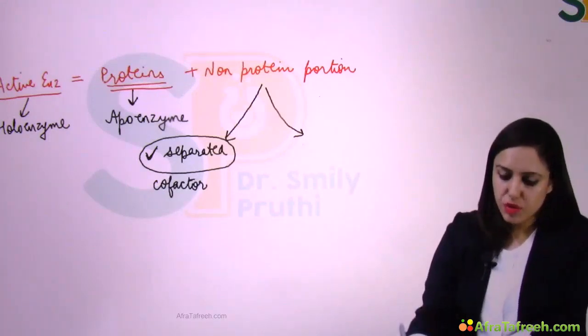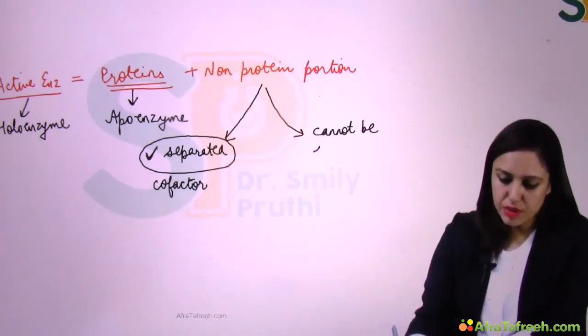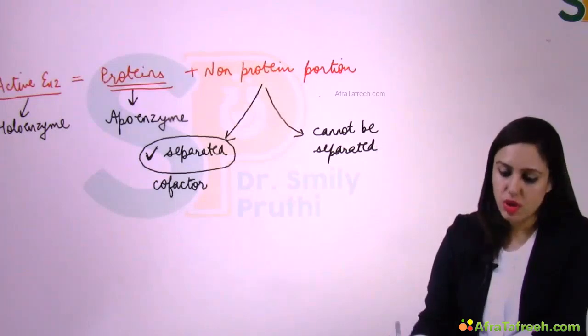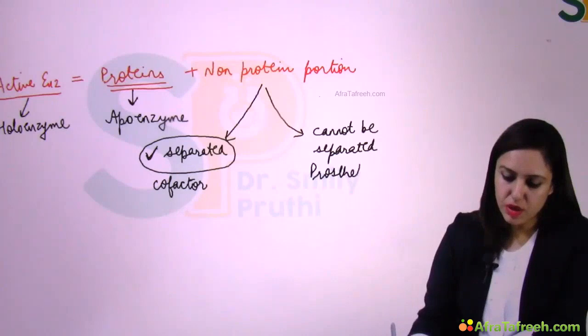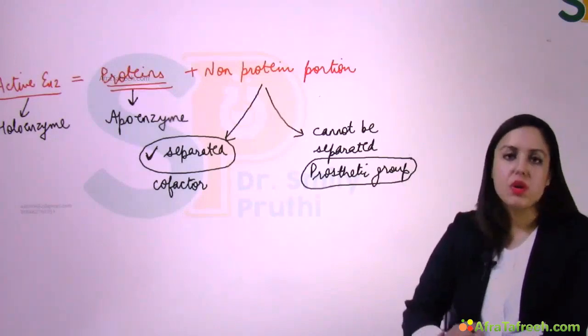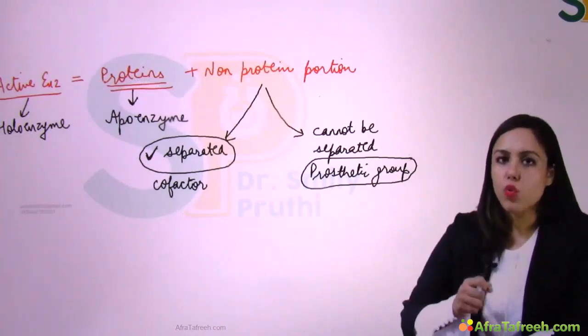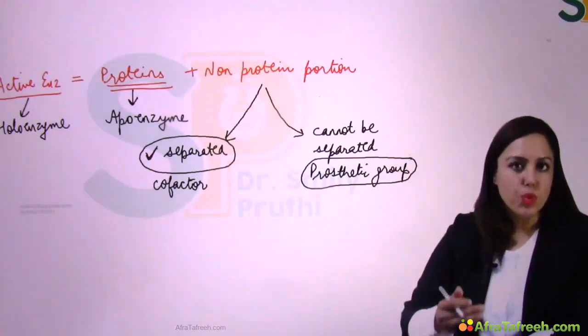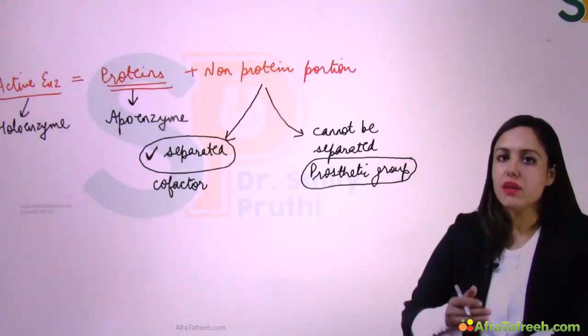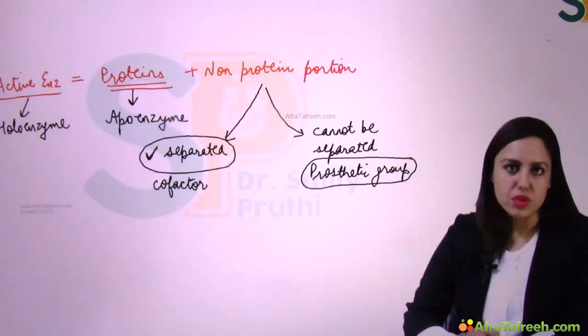But if the non-protein portion cannot be separated from the protein portion, then it is called prosthetic group. It's like the prosthetic group is so tightly, covalently bound to the protein portion that it can never be separated, right?